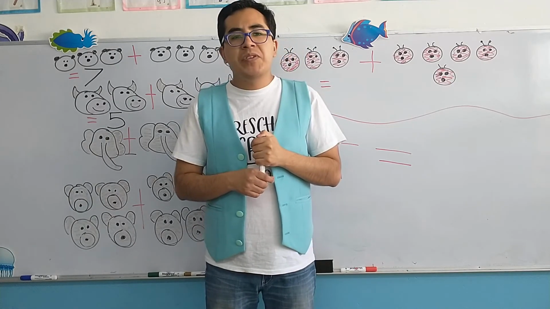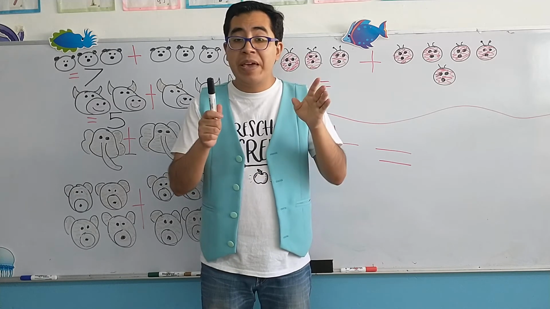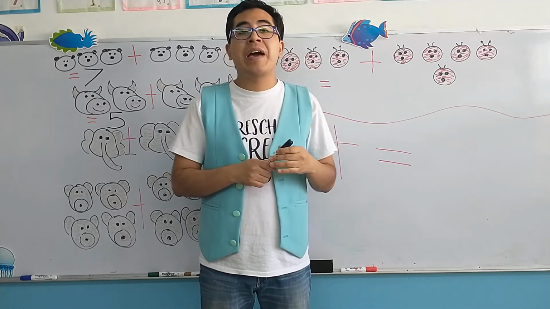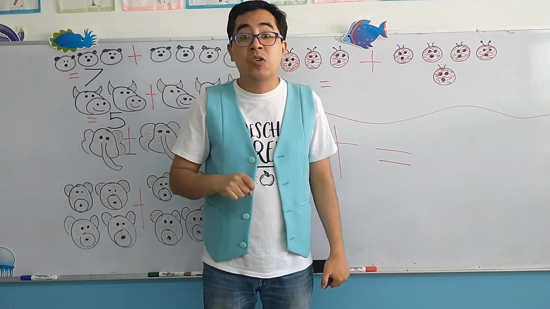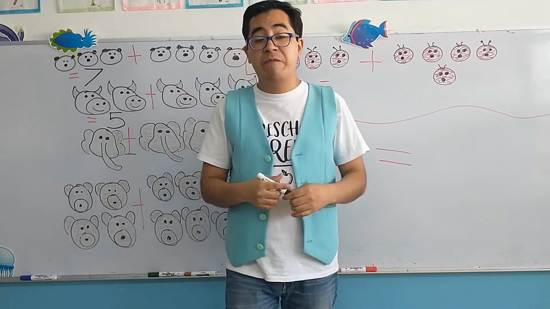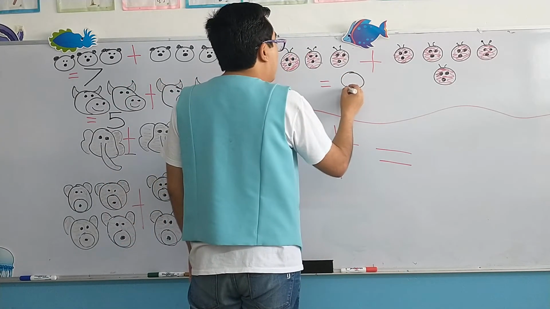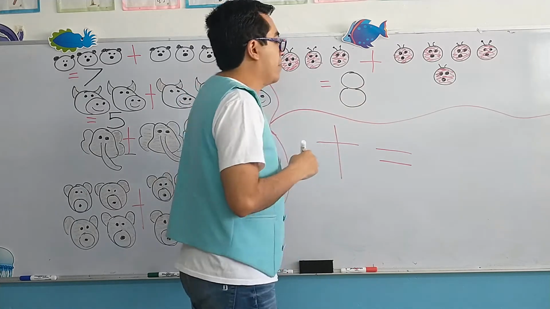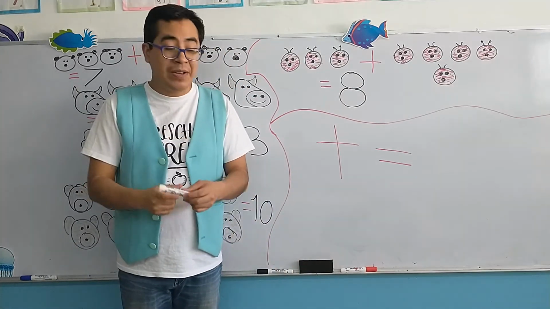Okay, so what's the result? Number 8. Remember, the number 8 is a number that has 2 circles, one up and one down, and looks like Olaf from the movie Frozen. One up and one down, like a snowman.